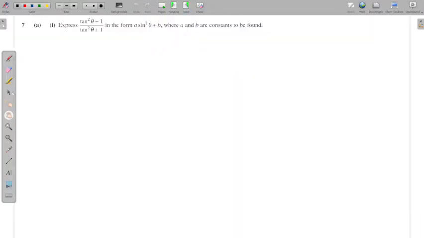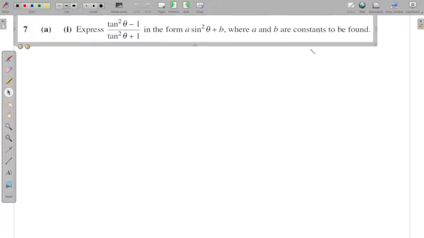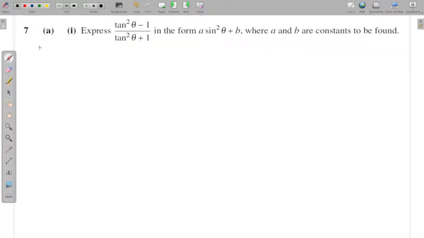Now moving on to the 7th question from this paper. So we have to express this in the form of a sine squared theta plus b. So now let's start doing this. For this you can use the identity that tan theta is the same as sine theta by cos theta.